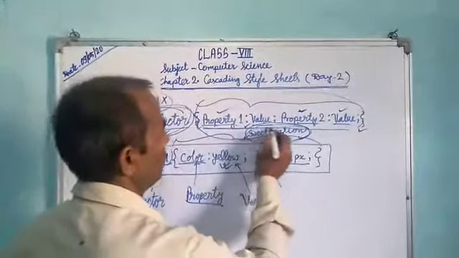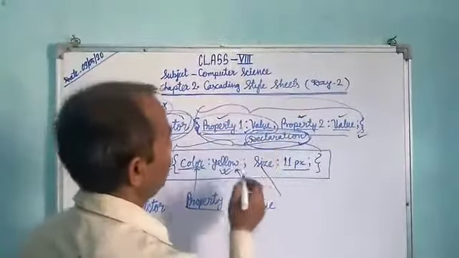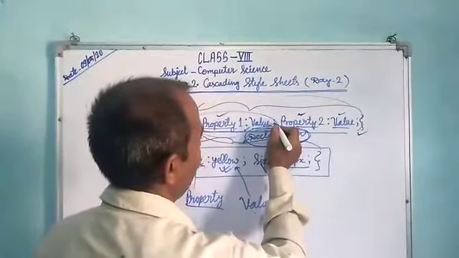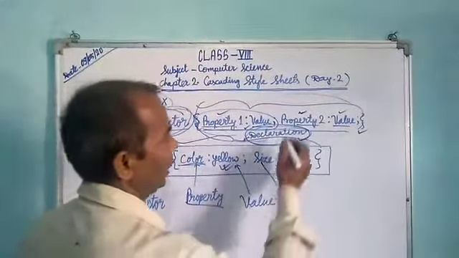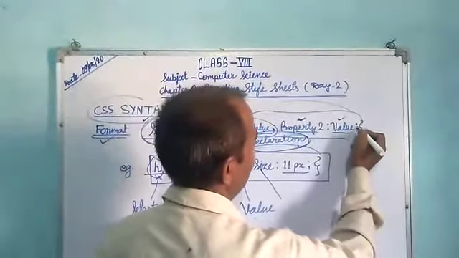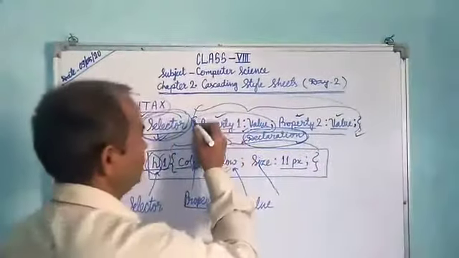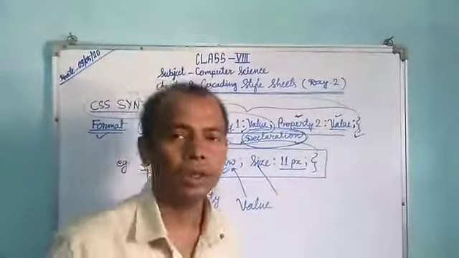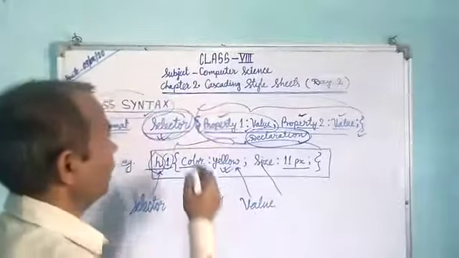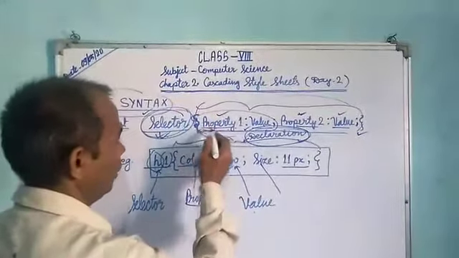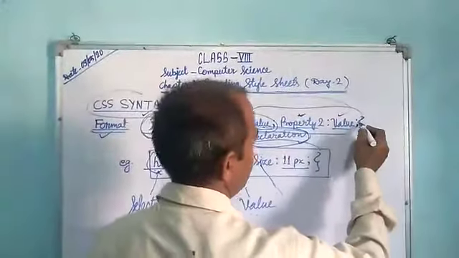Whenever the property and value end, we have to write a semicolon. Again we write semicolons, and whenever the declaration part is completed, then we have to write the curly braces.